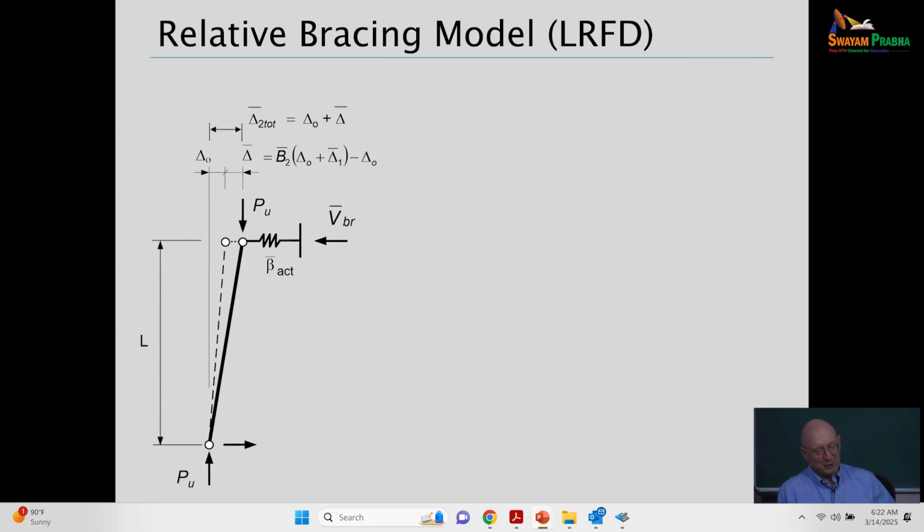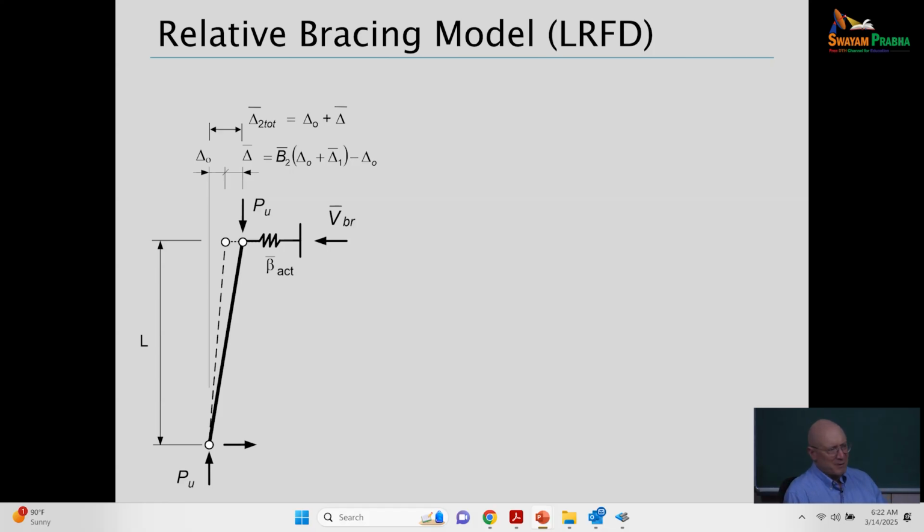But theoretically, if it's perfectly plumb and concentrically loaded, the column would buckle just as a simply supported column between the two ends. And so I'm never seeing anything that would suggest any brace force.